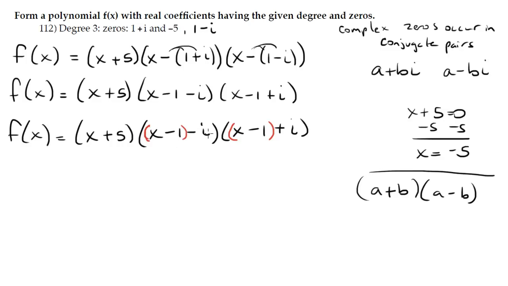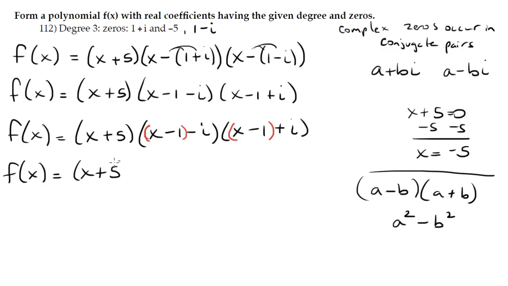Let me write it that way. Here I have a minus b times a plus b. Do you see it? A minus b, a plus b. And when I multiply those, I end up with a squared minus b squared.